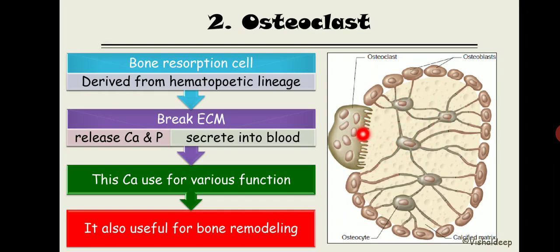This osteoclast removes that portion of the extracellular matrix and makes a space over here. Now that space is invaded by the osteoblast, and the osteoblast will make new bone by secreting the extracellular matrix and make this portion of the bone even stronger. Got it? So that's how bone remodeling works.